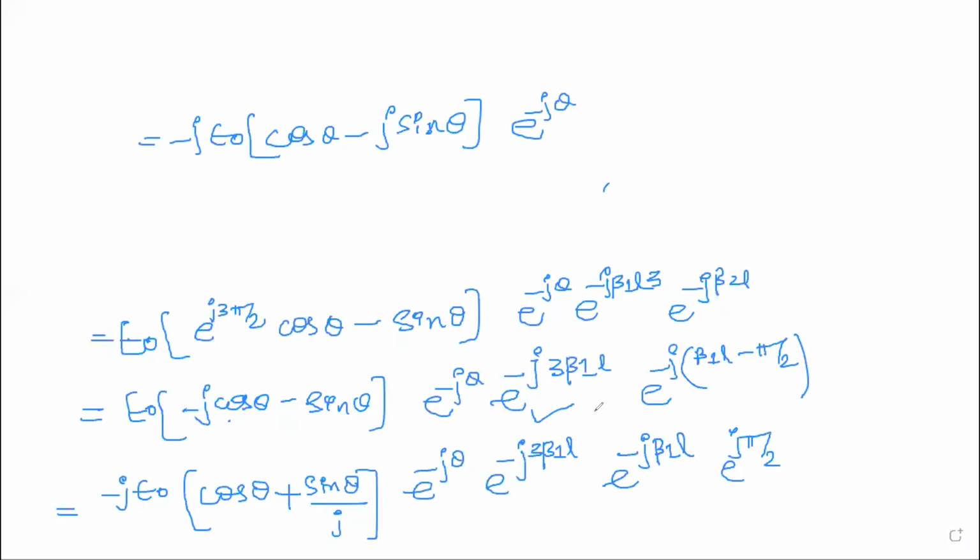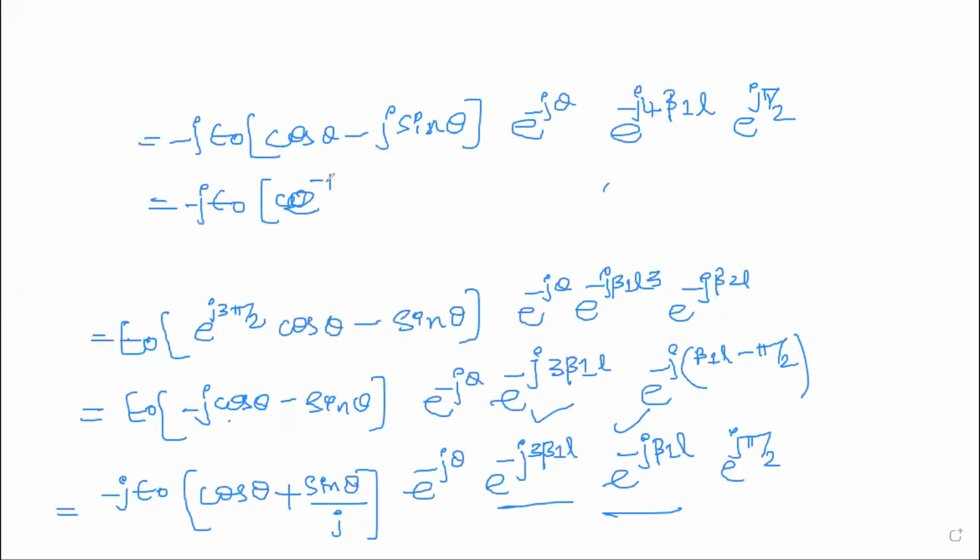Now these two terms, you can write as e power minus j 4 beta 1L, again e power j pi by 2 you have. This is again minus j E naught, cos theta minus j sin theta is e power minus j theta. This is again e power minus j theta, e to the power minus j 4 beta 1L, and this is e power j pi by 2.